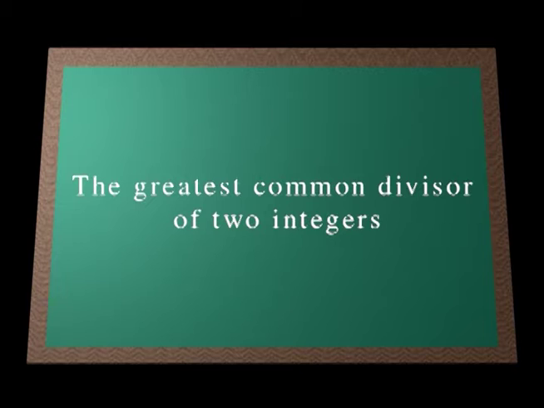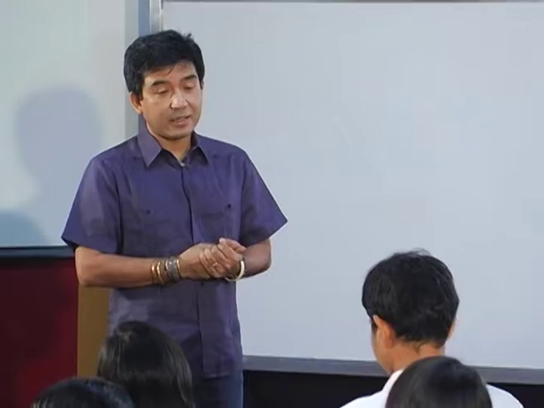At first, let's go back to the notion of the greatest common divisor of two integers. Do you remember what we mean by a greatest common divisor? Greatest common divisor or greatest common factor, the GCF. Sometimes it's called the GCF, sometimes the GCD.